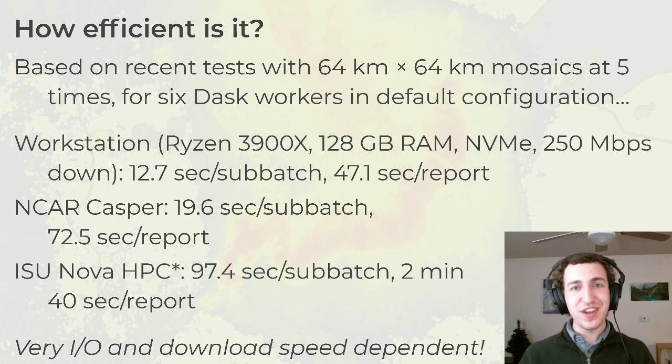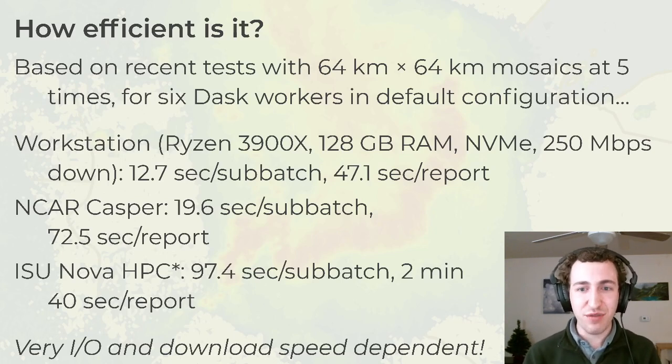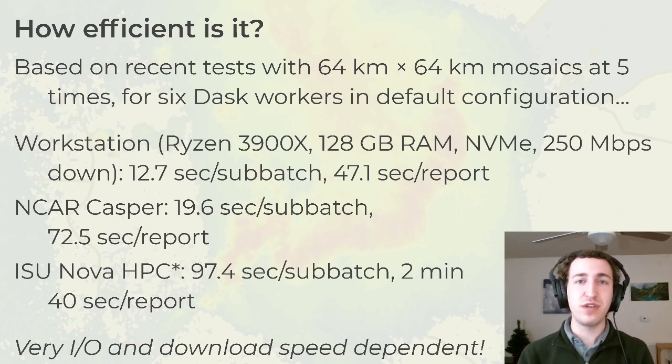But in general, in all of the early tests of this software, it's very I/O and download speed dependent. With that in mind, that really motivates data proximate workflows for this.